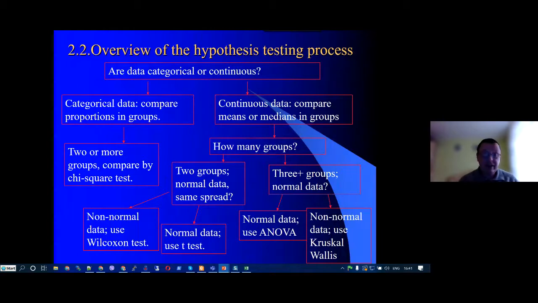Now we need to see how we can determine the general statistical model. Again, we refer to the type of data, categorical or continuous. For categorical data, we have to compare proportions in groups, depending on how many groups we have, 2 or more. For example, we can use the chi-square test. For continuous or discrete data sets, since continuous data in origin refers to discrete data sets, we have to compare descriptive statistic parameters in groups.